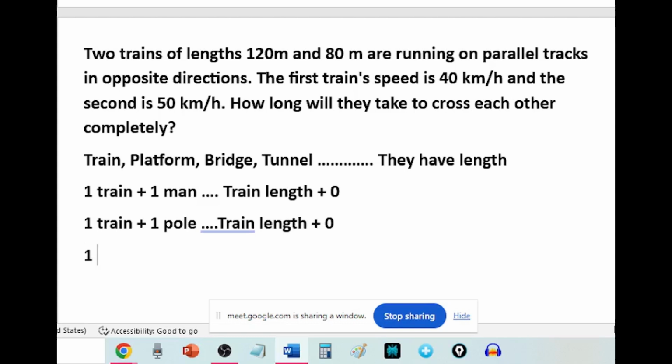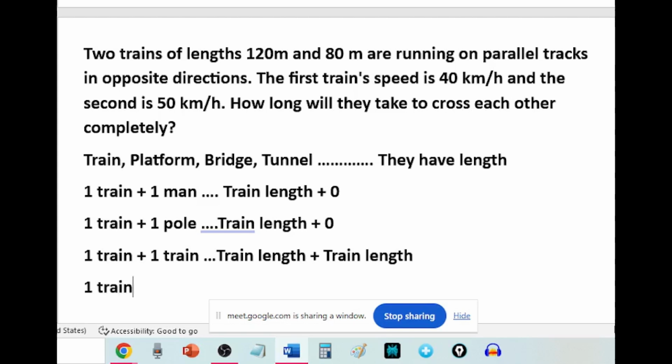But if you are given one train plus one train, then it is train length plus train length, that means first train plus second train. Then you will have train length plus platform length.